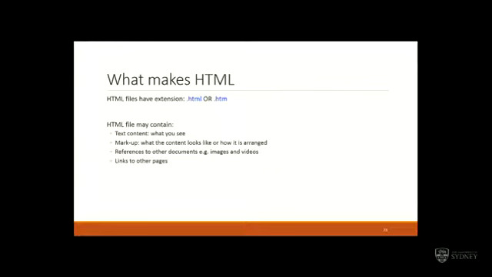We can have references to other documents and files: references to images, references to videos, references to other HTML pages, so other resources either on the web or on other files on your computer. And also links, hyperlinks to other resources on the web.